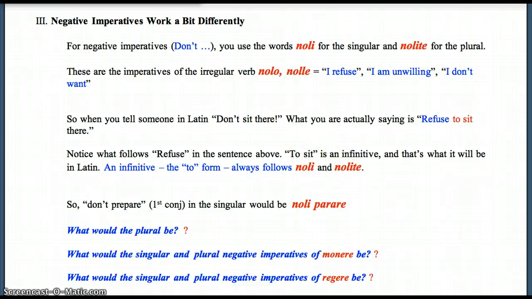And just in Latin, that's exactly what it will be. An infinitive, or the to form, always follows noli and nolite. So this is something that people forget all the time. People ask all the time, well, why is there an infinitive following that? It's because it really means I refuse or I am unwilling.